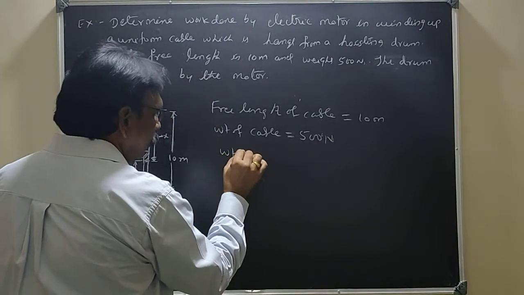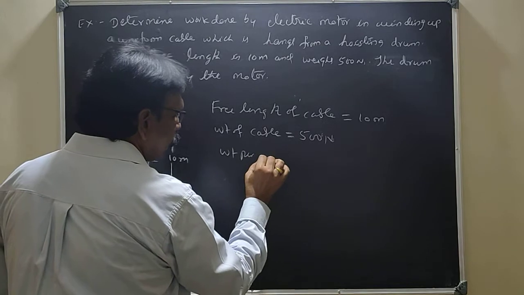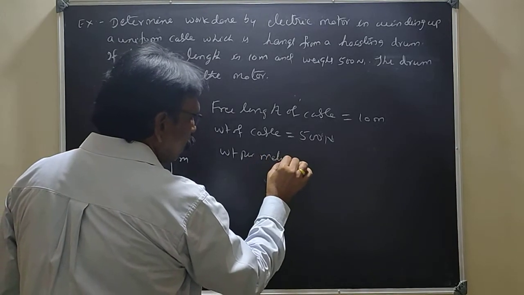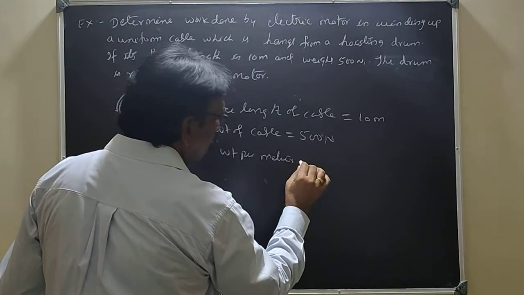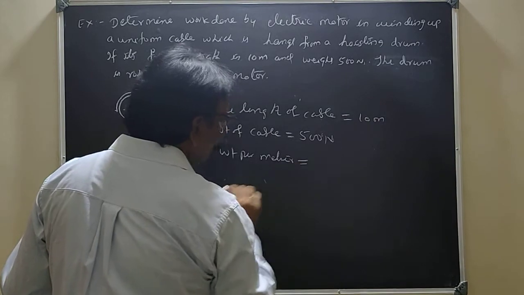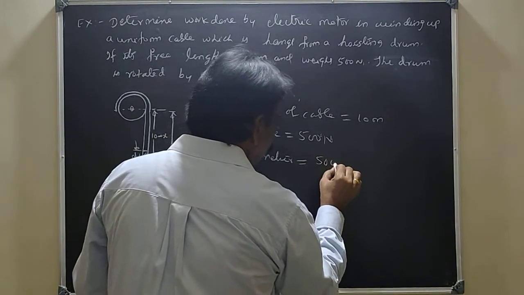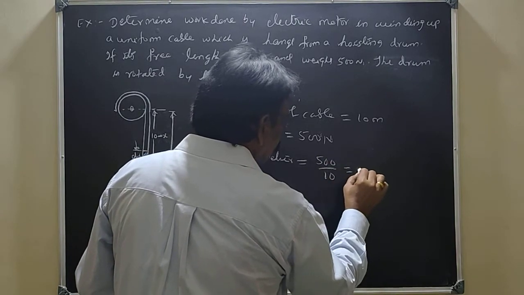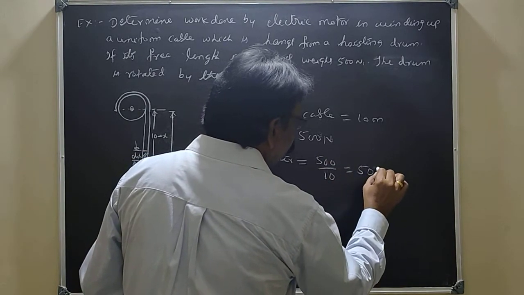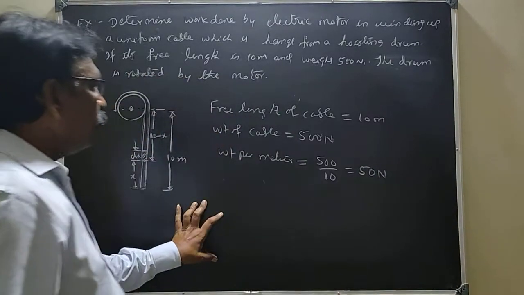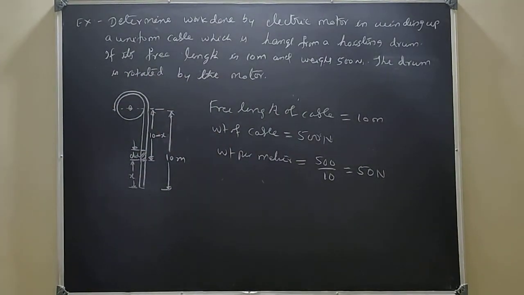Therefore, weight per meter length is equal to 500 divided by 10, that is equal to 50 Newton. That means the weight of the cable per meter length is about 50 Newton.